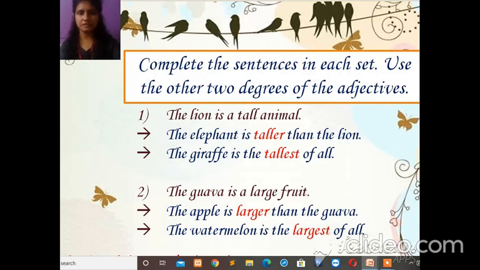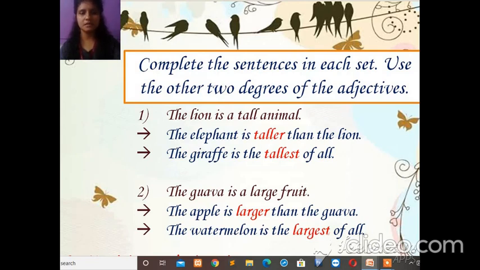Answer is, the elephant is taller than the lion. It shows comparative degree, taller than. The giraffe is the tallest of all. Tallest shows superlative degree.